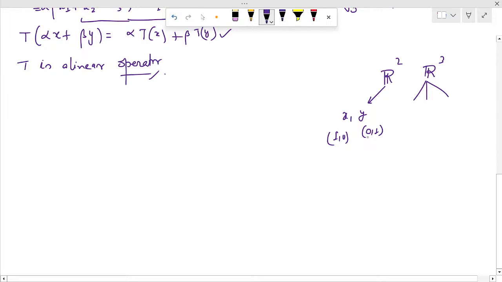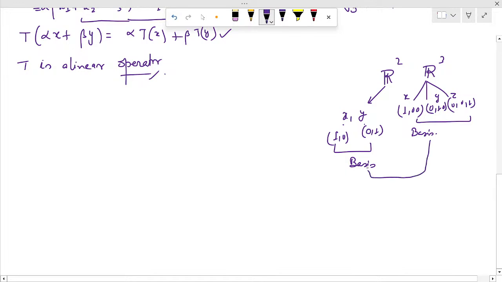And the second thing, let's say R cube. R cube can be spanned by (1, 0, 0), (0, 1, 0) and (0, 0, 1), so these will be the basis. And when I'm writing x first, then y, then z, I say that these bases are arranged in an order. So these bases are called the ordered basis.